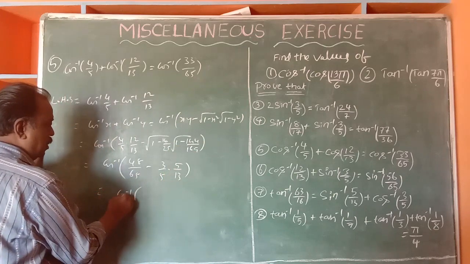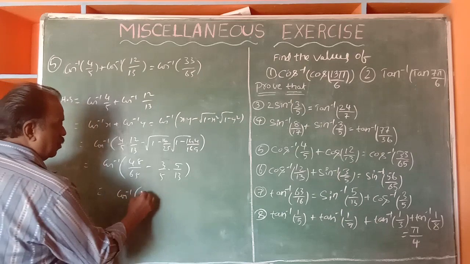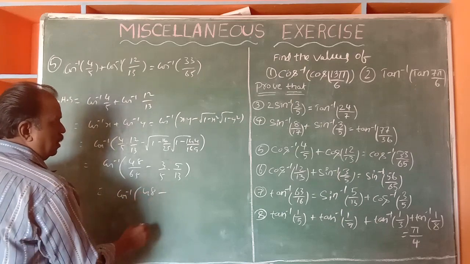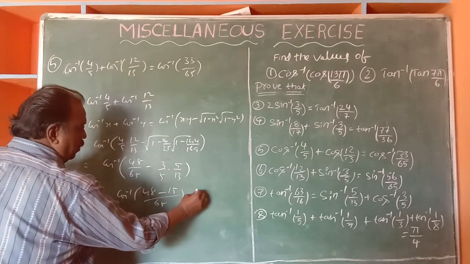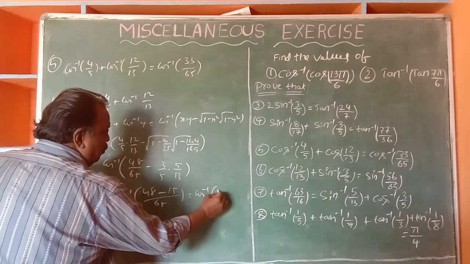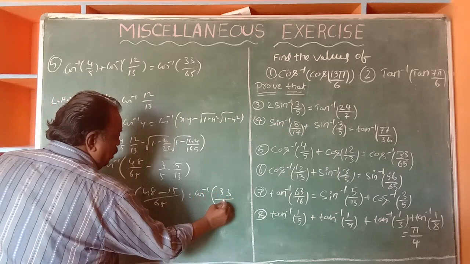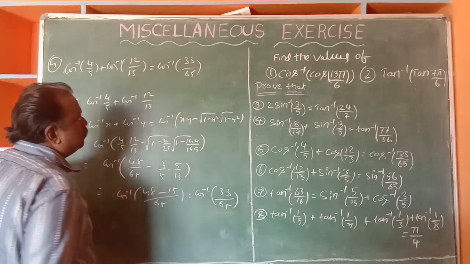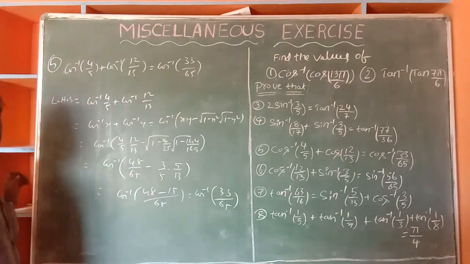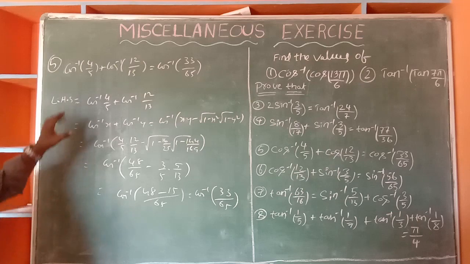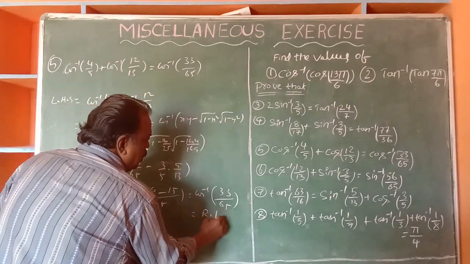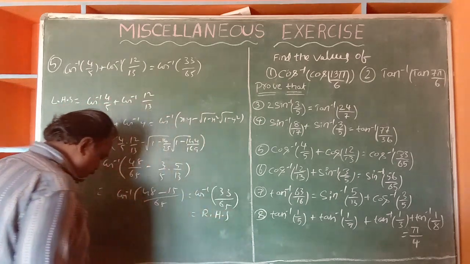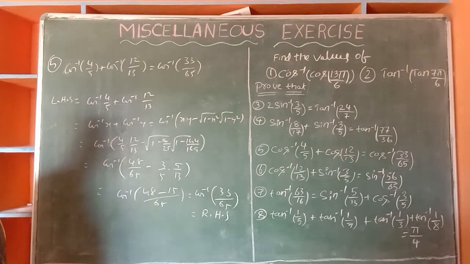So it is cos inverse of 48 minus 15 by 65. It is cos inverse 33 by 65. Okay now? Directly we proved it. Easily it is solved. That is RHS.